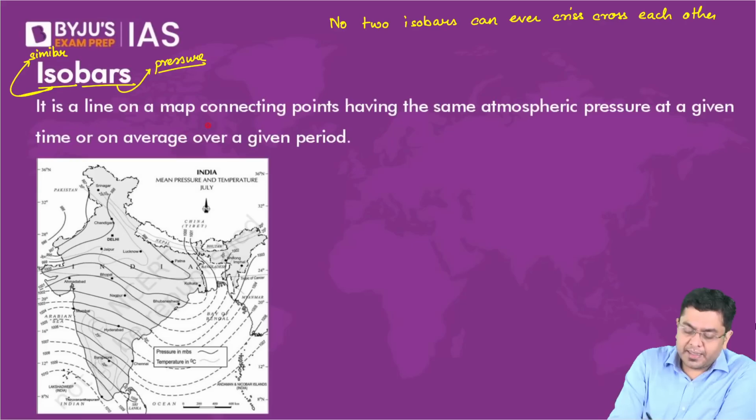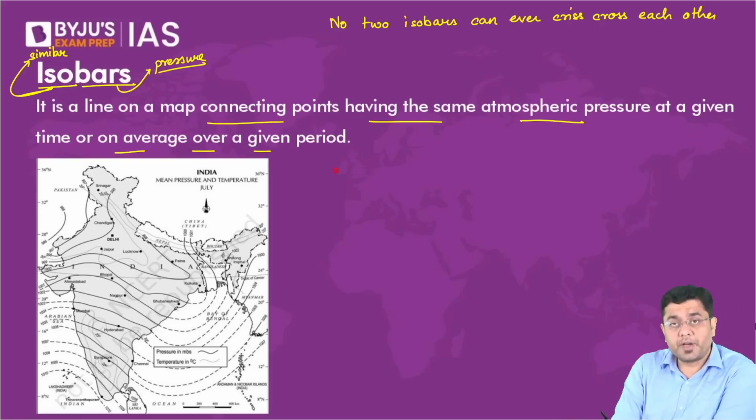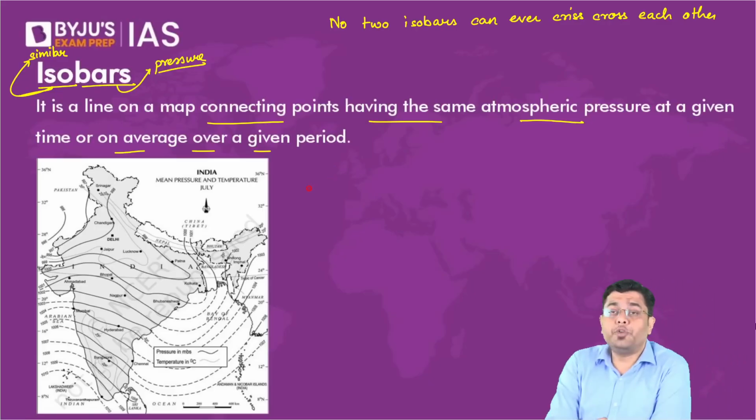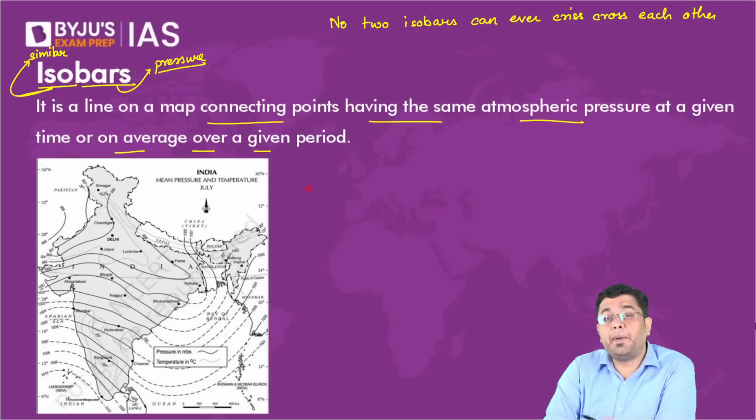Now, an isobar is a line on the map connecting points having the same atmospheric pressure at a given time, or an average over a given period. These isobars also help us understand the variation in pressure as you move over a particular distance.